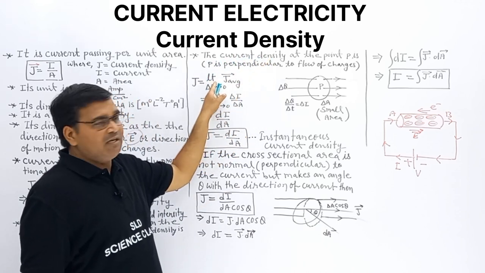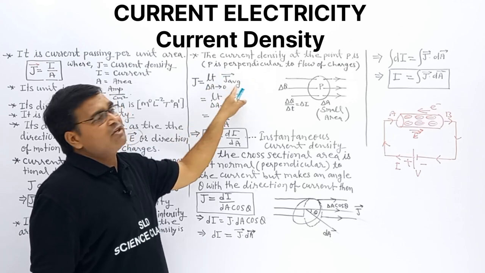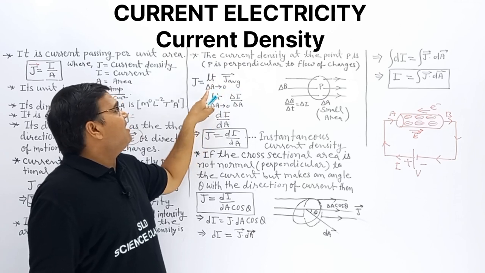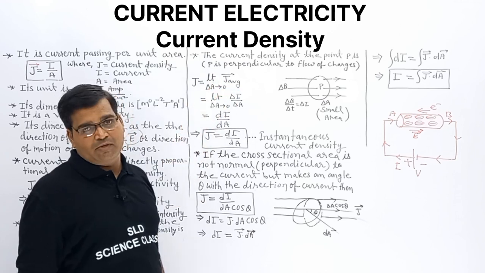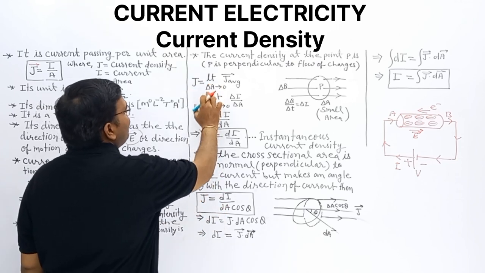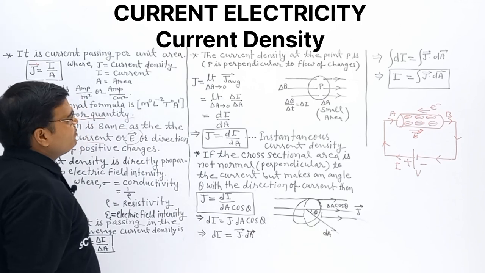We will use the limit delta A tends to 0 of the average current density. Clear? Then J equals limit delta A tends to 0 of J average, and J average is the average current density.